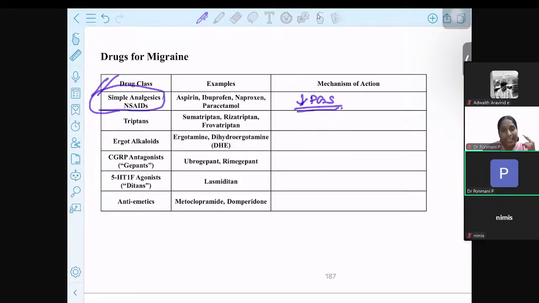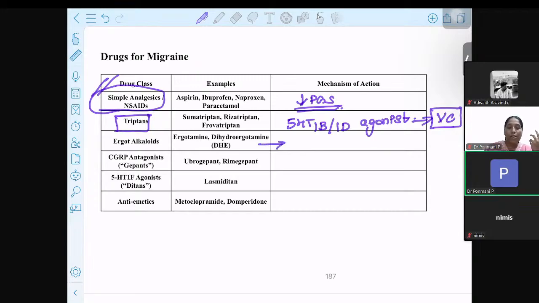If the patient is not responding to NSAIDs, the next group will be your triptans. The triptans act as 5-HT 1B and 1D receptor agonists, and thus cause vasoconstriction. Migraine is because of vasodilation.